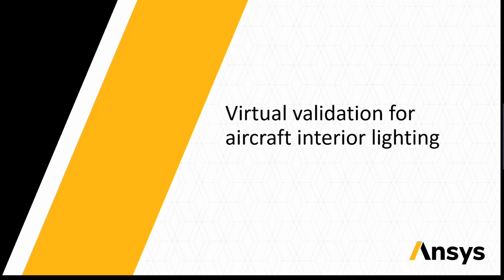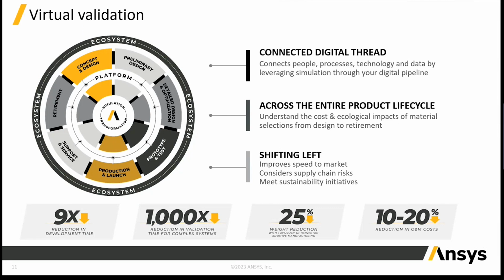So, and now we will continue with the virtual validation for aircraft interior lighting. In this example for an aircraft passenger cabin. But at first, what is virtual validation? So virtual validation is the process engineers and designers follow using computer-aided engineering to implement a digital version of a product.